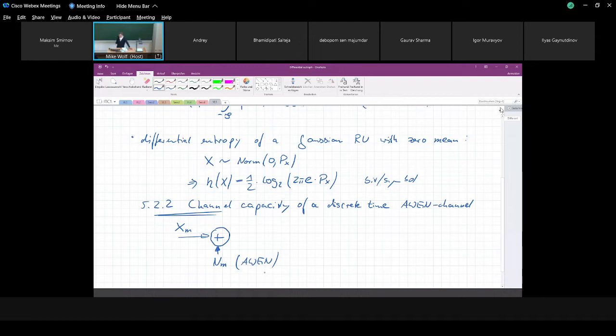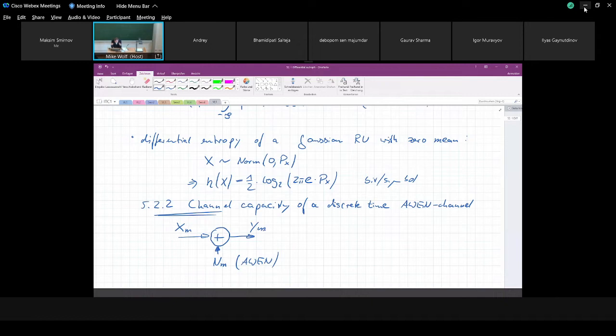Everything is discrete time, and we receive y. We have to say this is basically a substitute channel. Our real-world channels are analog channels, and in the next section I will show you how these waveform channels can be mapped to discrete time channels. We start with this because it's simple.